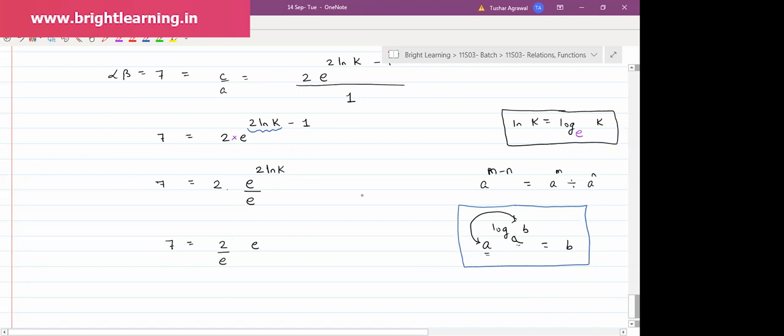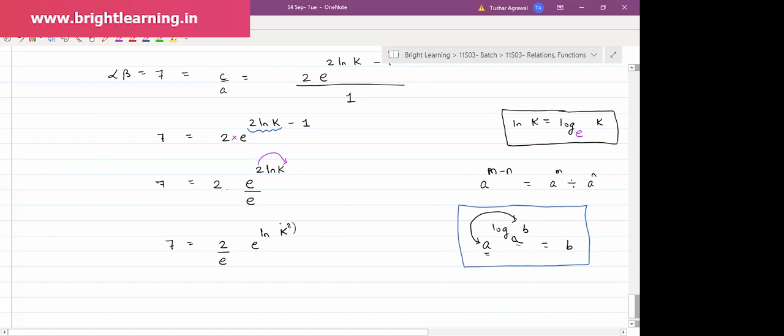Now e raised to 2 log k. Here it was actually a raised to log something. Now what to do with this 2? That 2 I will bring inside. So it becomes e raised to log of k square.